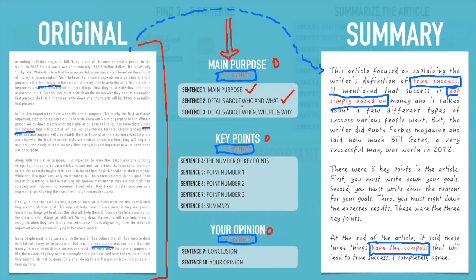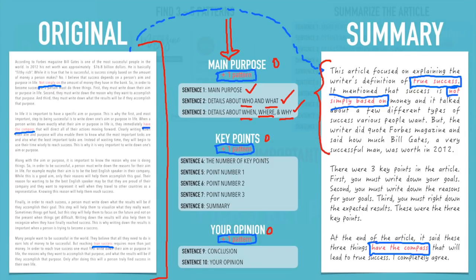So various people and what they want, all right? But the writer did quote Forbes magazine and said how much Bill Gates, a very successful man, was worth in 2012. So I've mentioned when, 2012, I've mentioned where, and I've mentioned why. Where in Forbes magazine and why he's very successful, all right? So this first section of my summary is done.